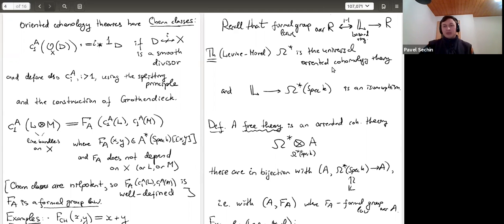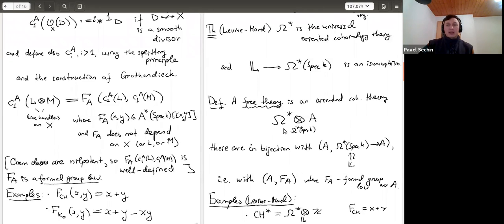And in algebraic geometry, at least in this part of the oriented cohomology theories that we study here, the answer is very easy. If you take algebraic cobordism and change its coefficients, then you can obtain any formal group law.